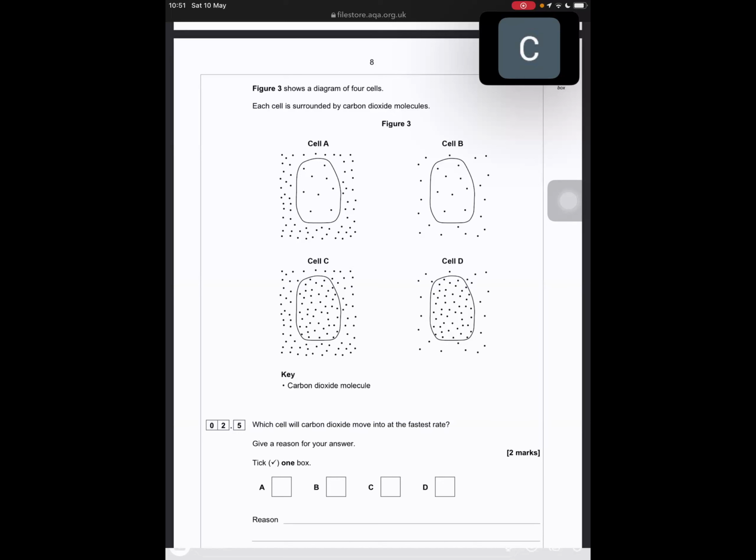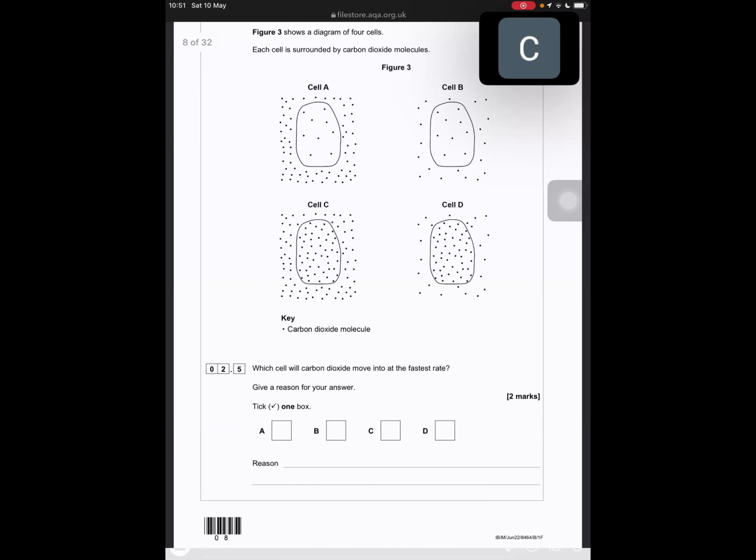And then cell A also has more space for the carbon dioxide to occupy. It's not like cell C or cell D that seem to be already filled up. Do you get? Yes. So that's my reason for choosing A.